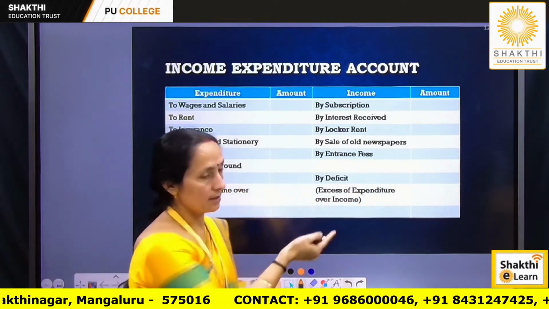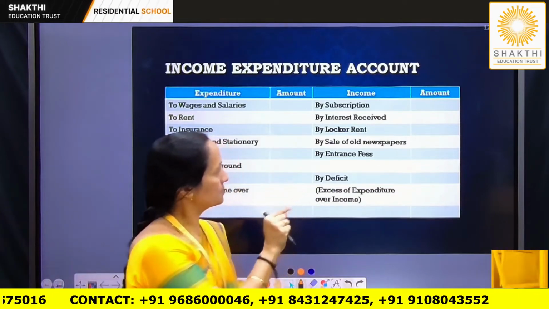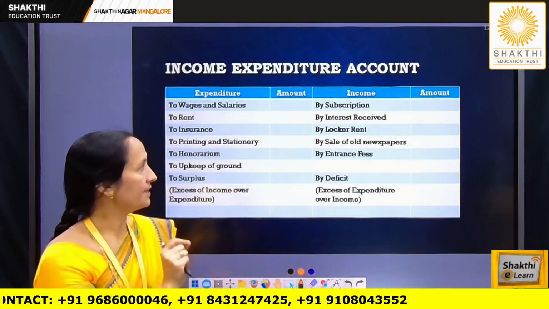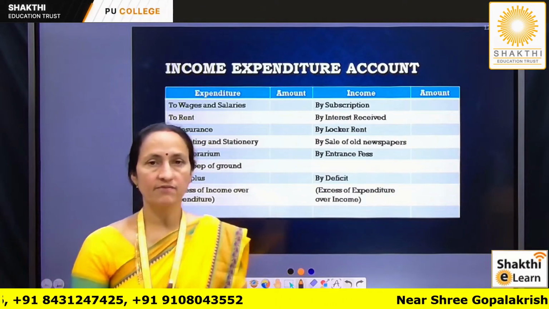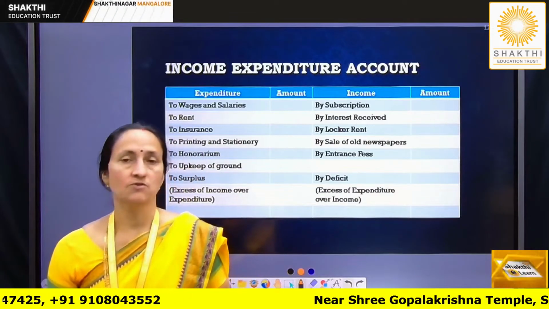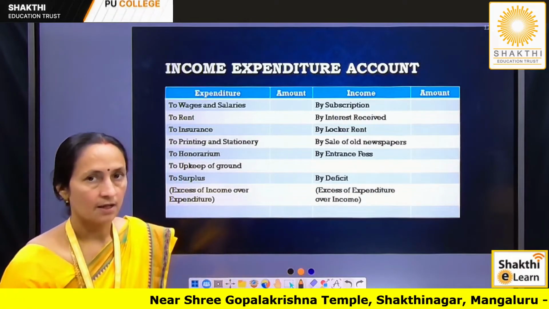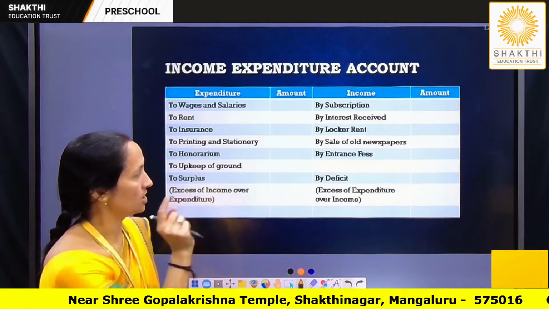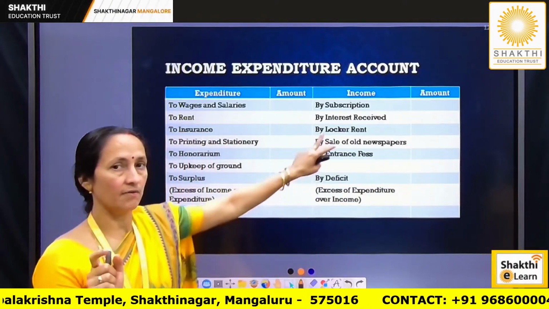Now on the income side or the credit side: income by subscription, by interest received, by locker rent, by sale of old newspaper, by entrance fees, whatever revenue received which is given in your question. Debit side, all expenses. The common mistakes are about donation. If just donation is given, that is your revenue item.